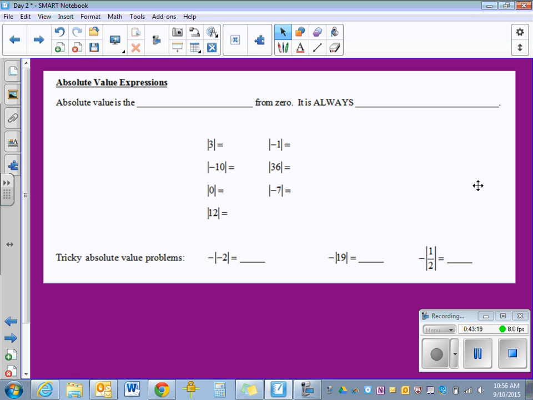All right, absolute value. Absolute value is this symbol here, where we have these vertical bars, and there's going to be some type of number inside. Absolute value is the distance from 0.